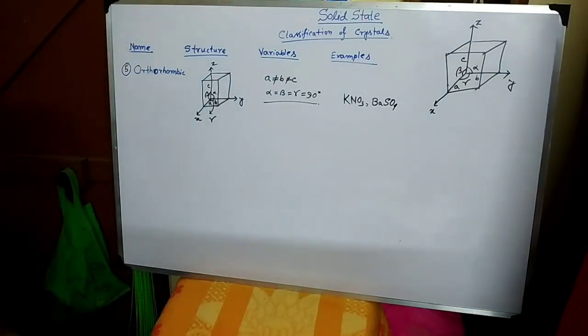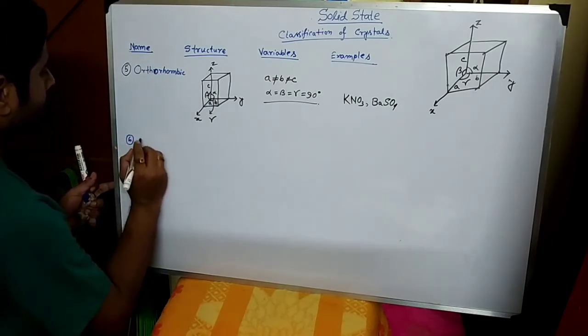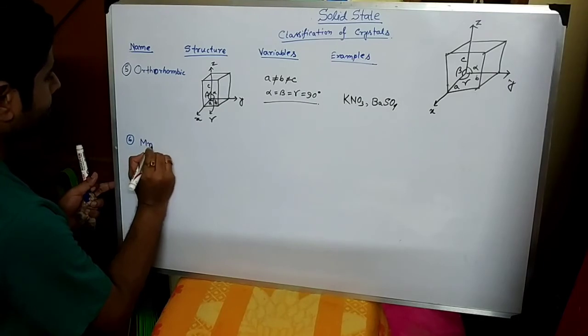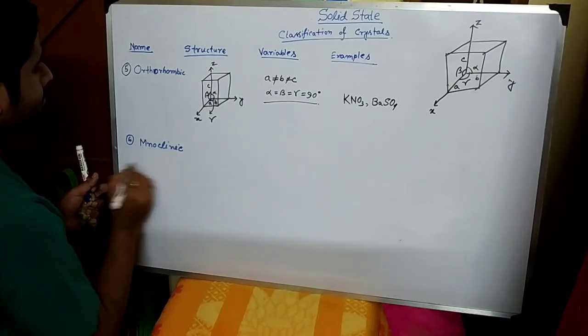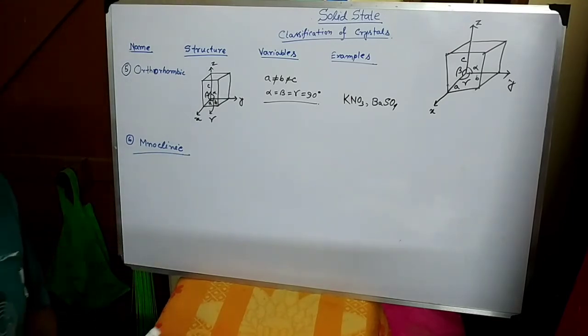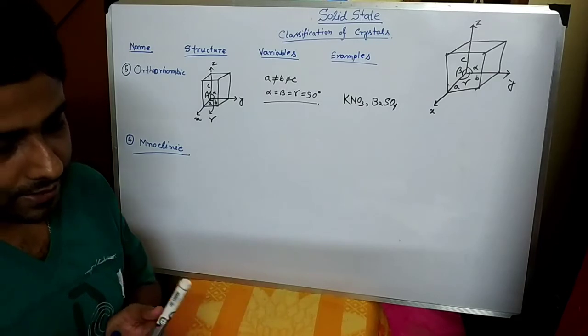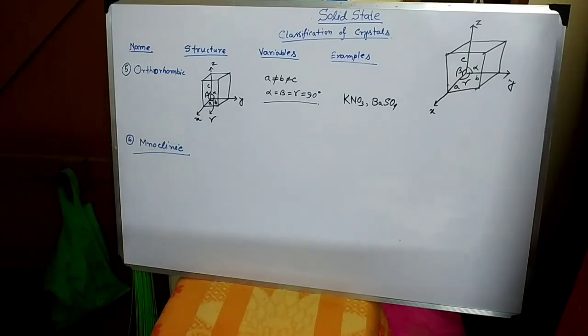So the next one is monoclinic. For monoclinic, what will be the angle and edge restrictions? Let us have a look.